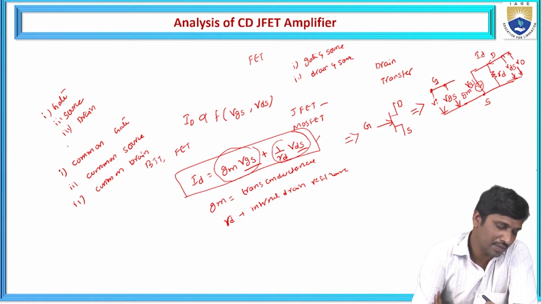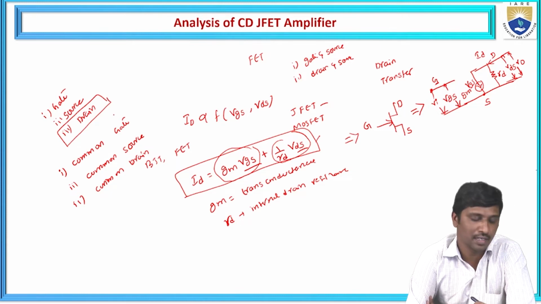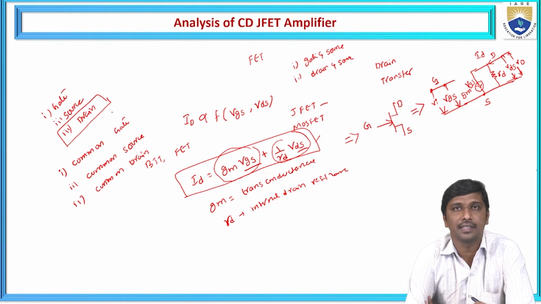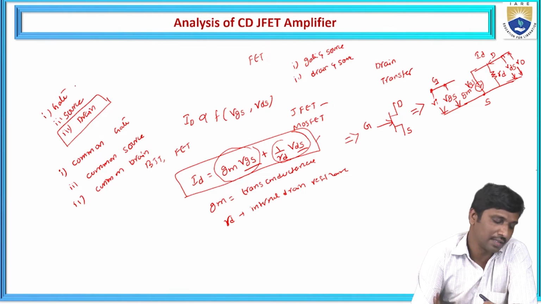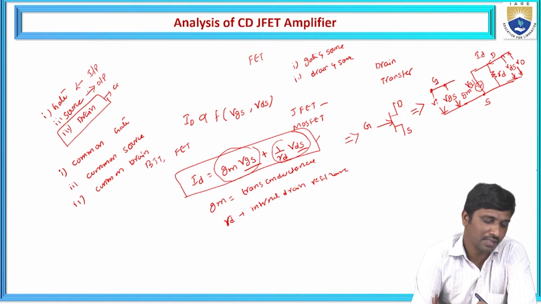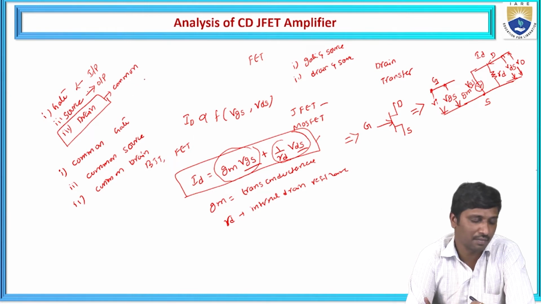Of the remaining two terminals, we need to decide which acts as the input and which as the output. Let us consider the gate as the input side and the source as the output, with the drain terminal common to both.